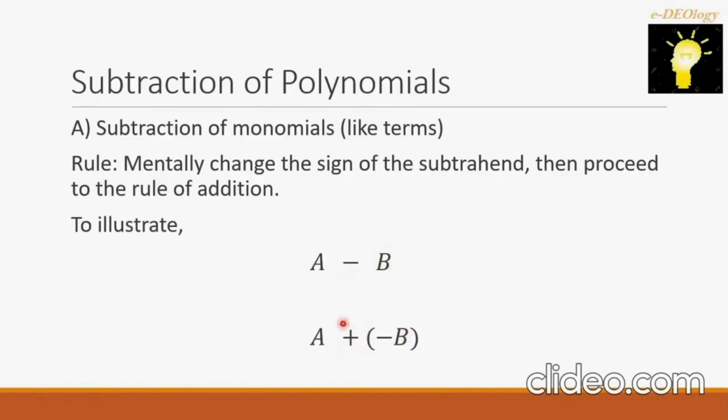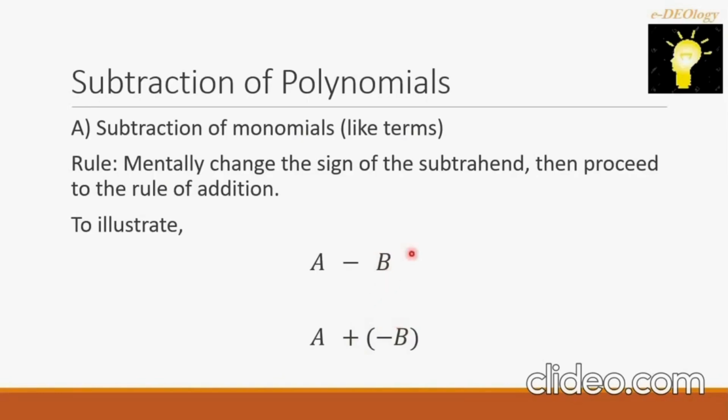addition here. So it means to say, in relation with our rule here, in subtraction of monomials, suppose the b is positive, showing this as minus b means we should change the positive into negative.